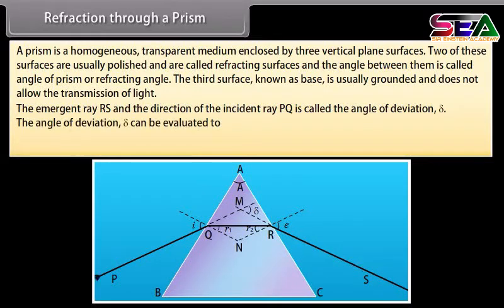The angle of deviation delta can be evaluated as delta is equal to i plus e minus A.